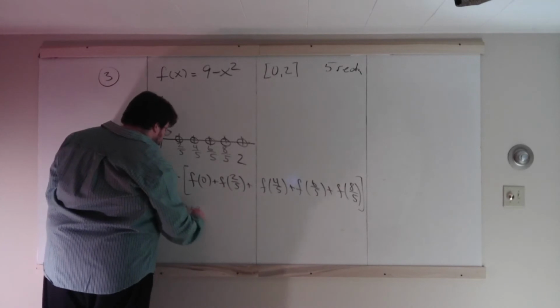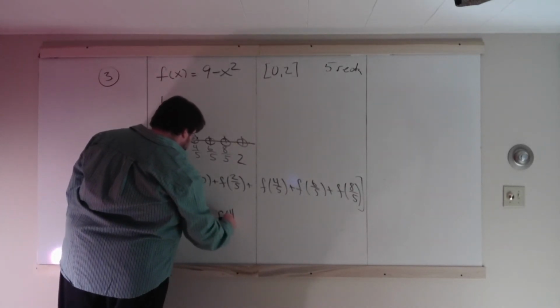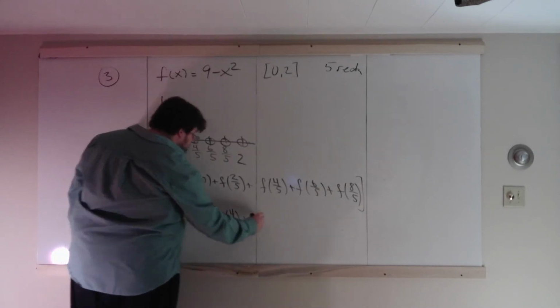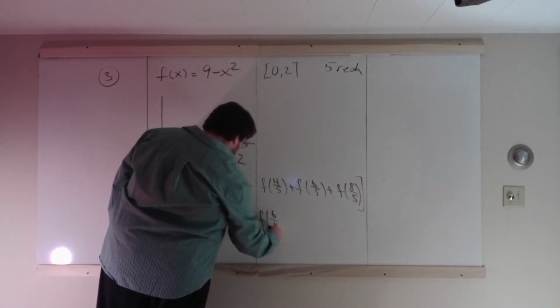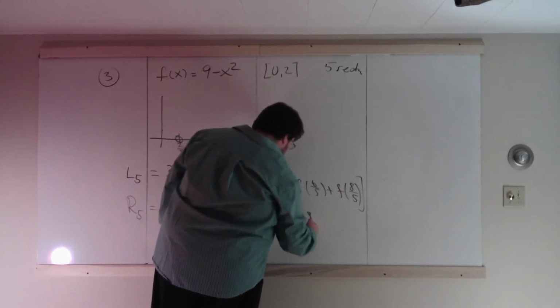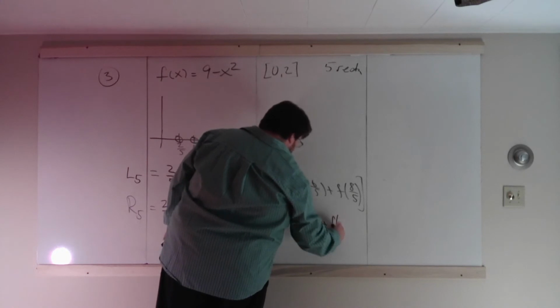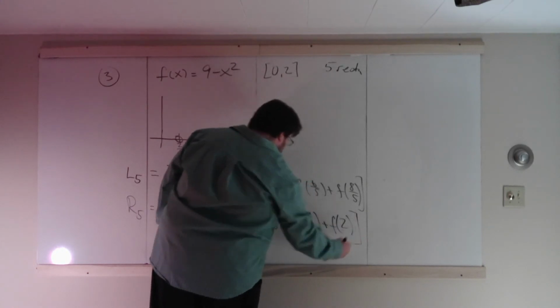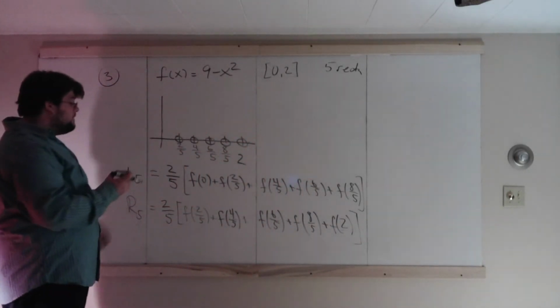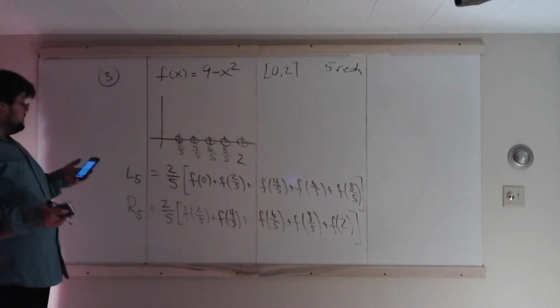Instead, we're going to start at 2/5 and then go to 4/5, 6/5, 8/5, and the last number, which is 2. You don't have to simplify those further because it says just set up the formulas.